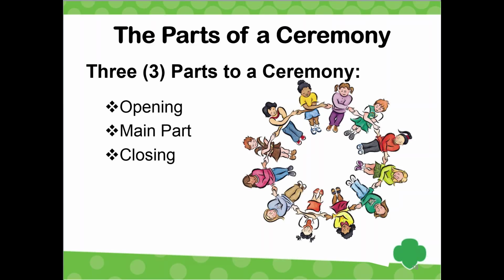And the second part is what we refer to as the main part. This is where the girls have developed the theme or the main idea of the ceremony using different resources, such as dialogue and songs. They may recite a poem or anything. And then the closing.